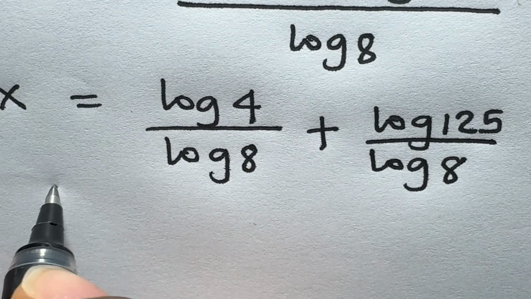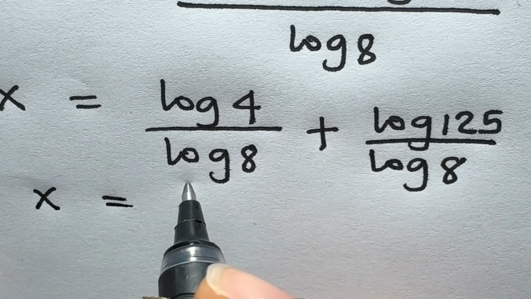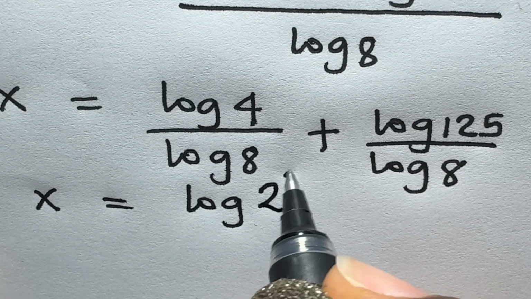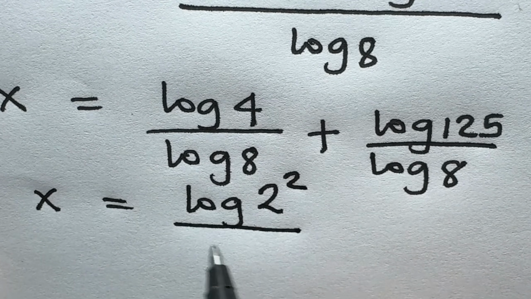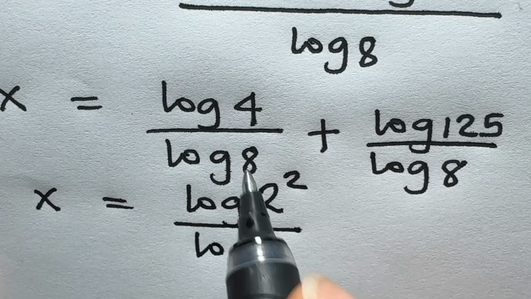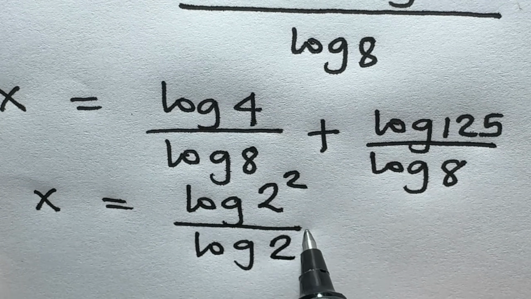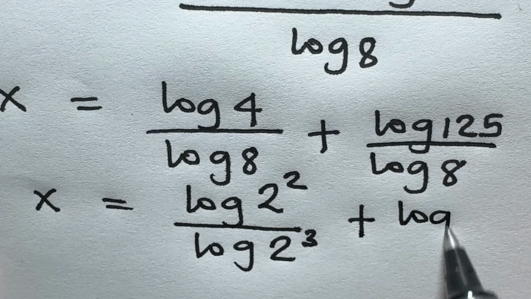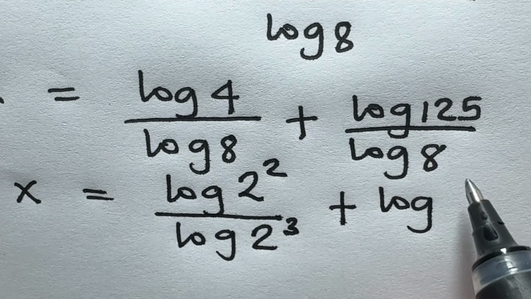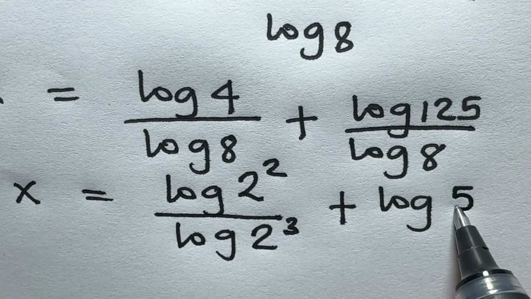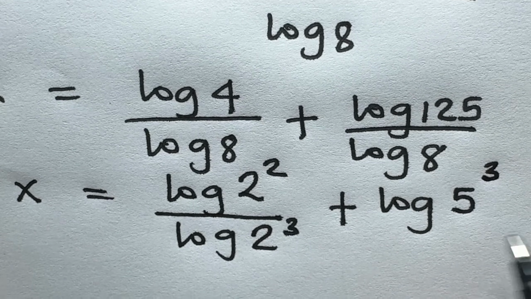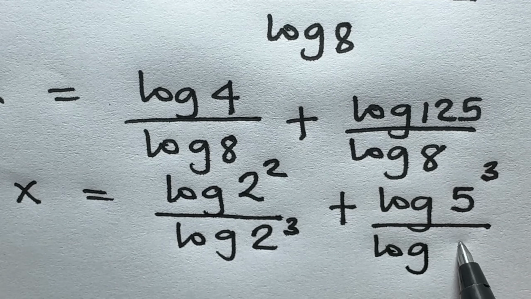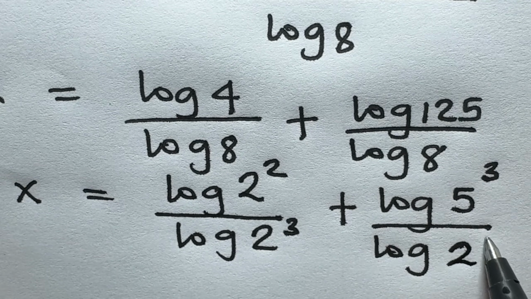This can also be expressed as x is equal to log 4, here is 2 raised to power 2, divided by log 8, here is 2 raised to power 3, then plus log 125, here is 5 raised to power 3, and divided by log 8, which is 2 raised to power 3.